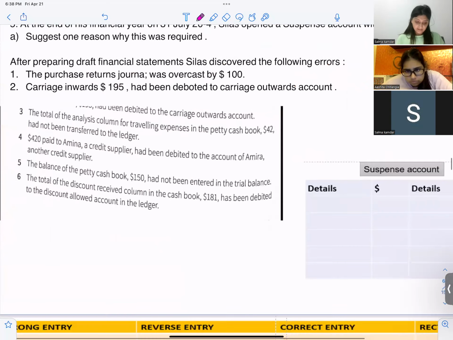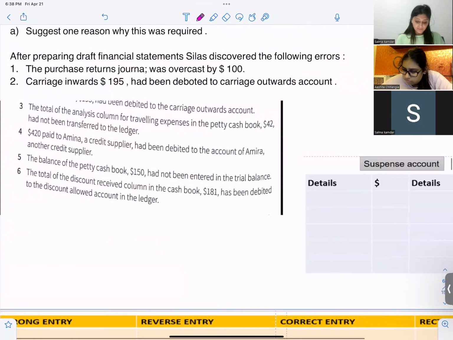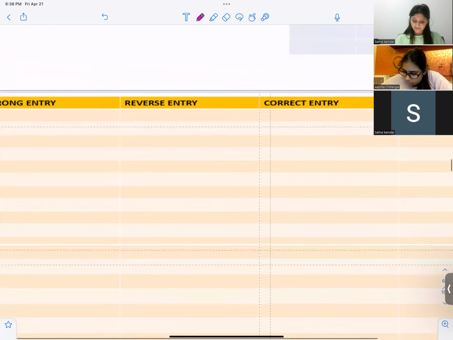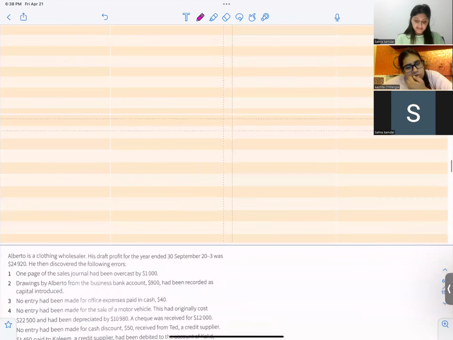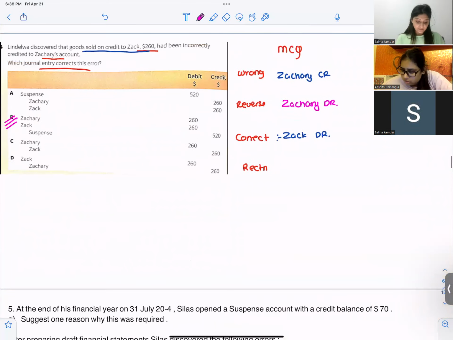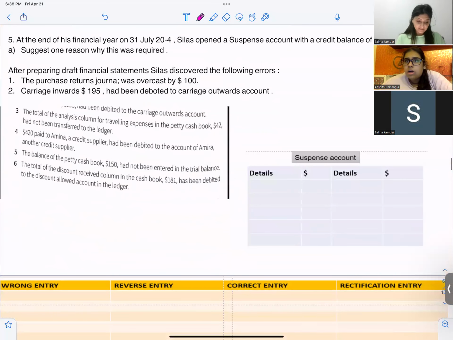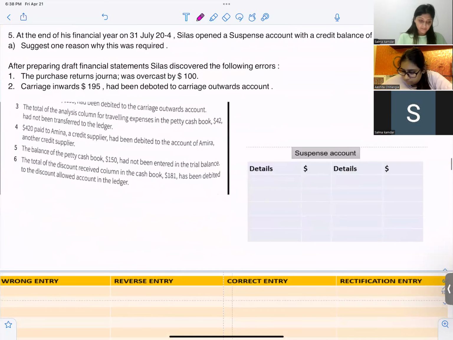Let's do this one. You have to prepare the wrong, reverse, correct, rectification and the suspense account. Read the question.